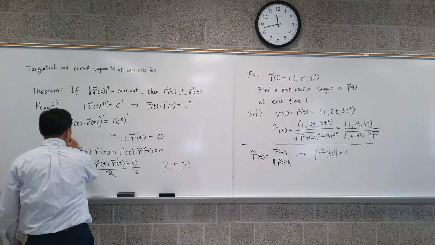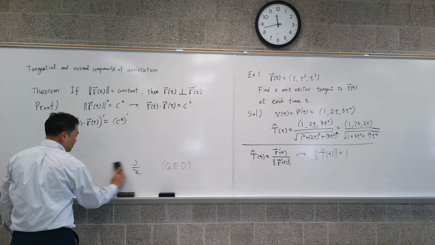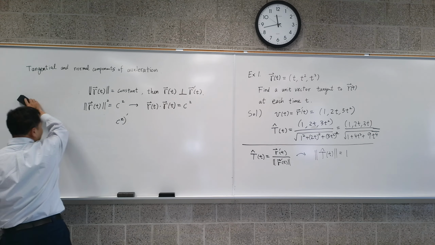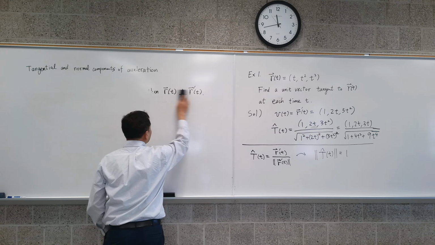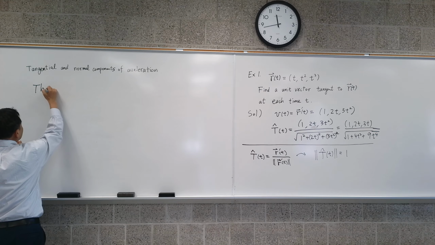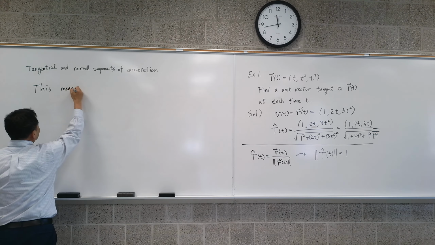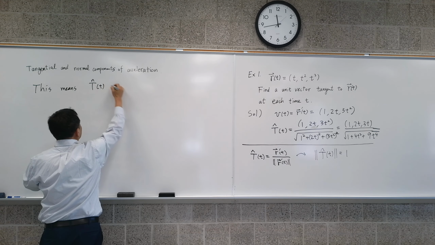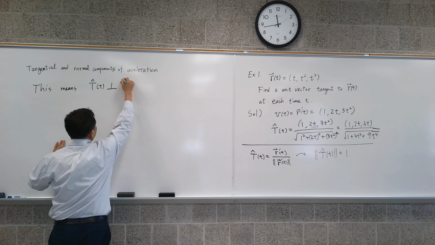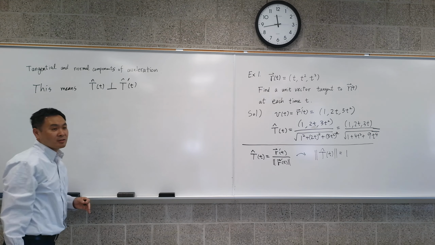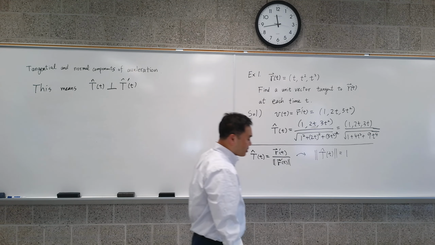So what that tells us, from this theorem that we just proved, is that T hat of t is perpendicular to T hat prime of t. Okay. Perpendicular.